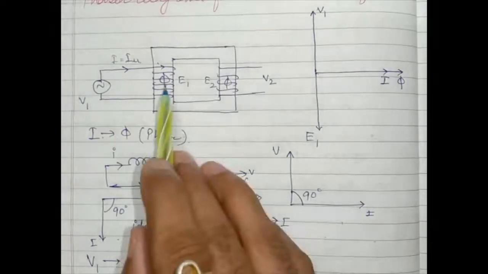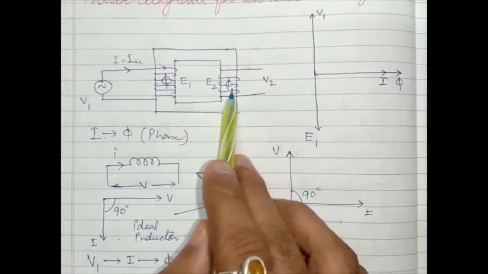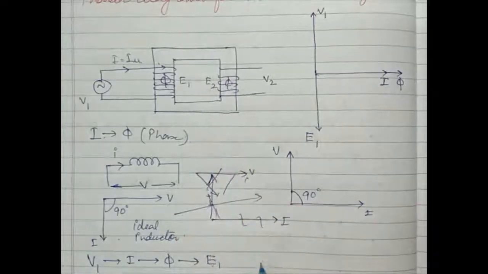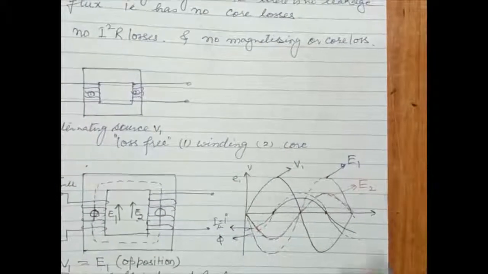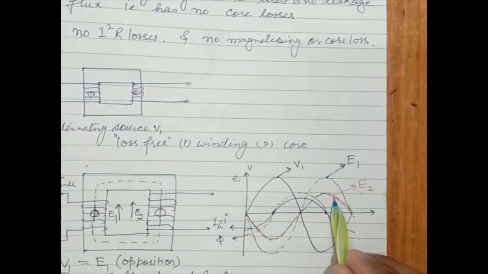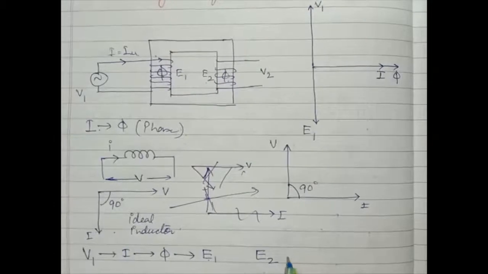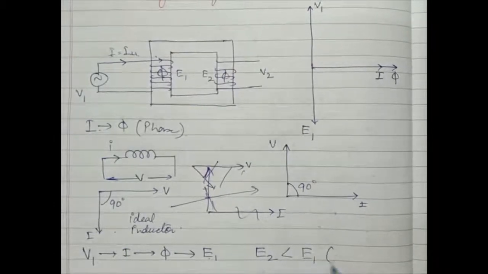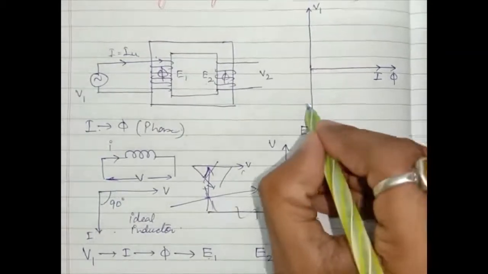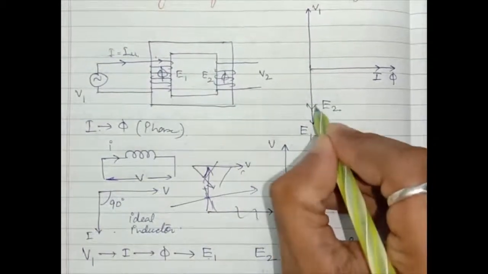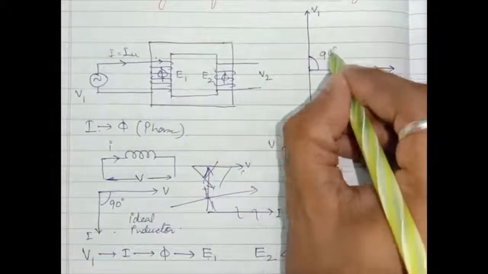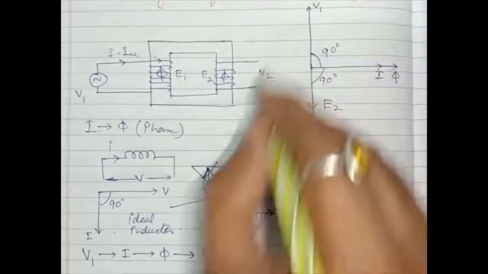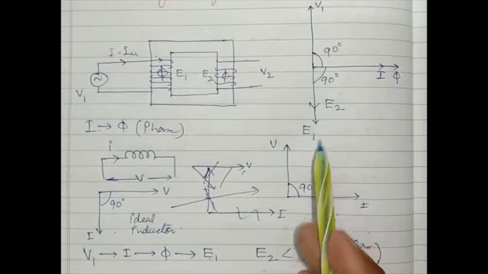Then this flux phi links with the secondary winding and produces E2. Previously, in the waveform, we considered that E2 is somewhat less than E1, but both are in the same phase. So this is E2, which is less than E1, but in the same phase. This is the 90-degree angle, and this is the complete phasor diagram of an ideal transformer. Okay, thank you.